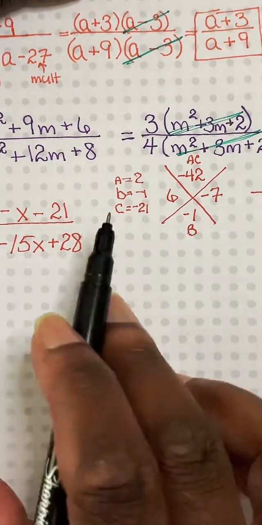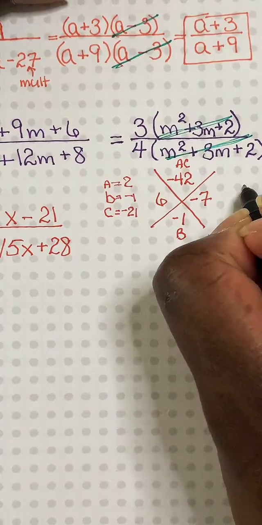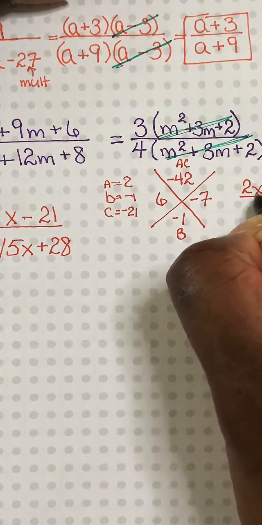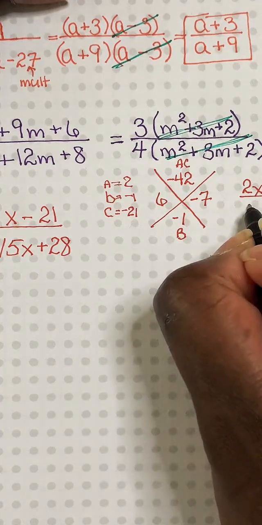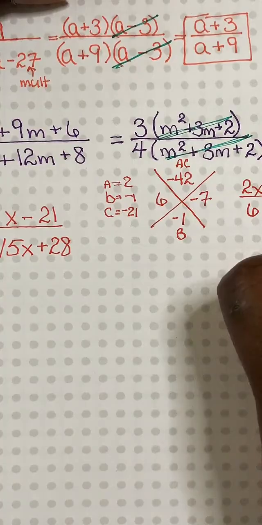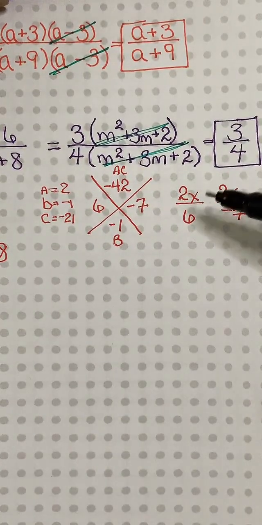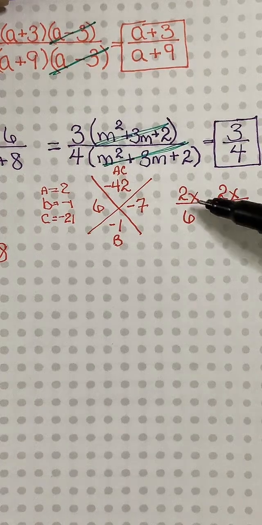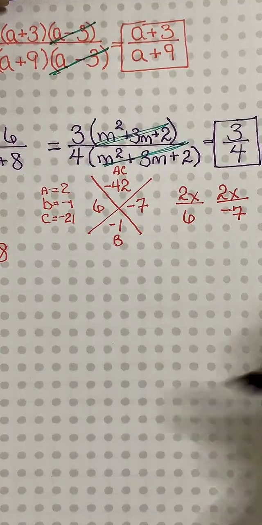So I write the a twice with the variable. So I have 2x and 2x. I have a 6 for one and a negative 7 for the other. Reason why I'm doing this, each of these ratios is representing a parenthesis.